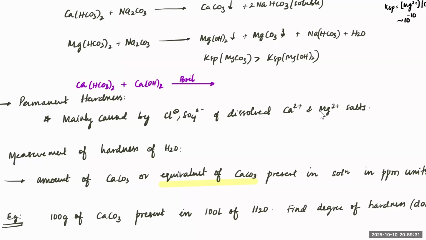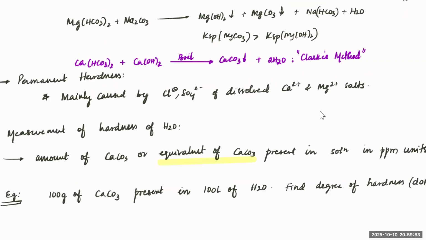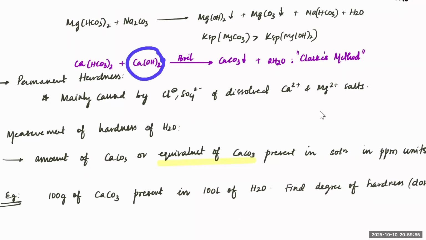So we will get CaCO3 in an insoluble form plus 2H2O. Now this method of removing bicarbonates by adding calcium hydroxide, this is called Clark's method. Clark's method. Okay. So by chance if this terminology is used, remember it means you are trying to add calcium hydroxide. Okay.